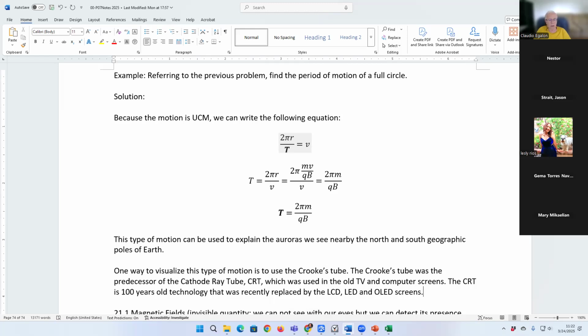It was starting in the year 2000 that the CRT TV screens were replaced by this simpler technology that's much thinner, right, and lighter.